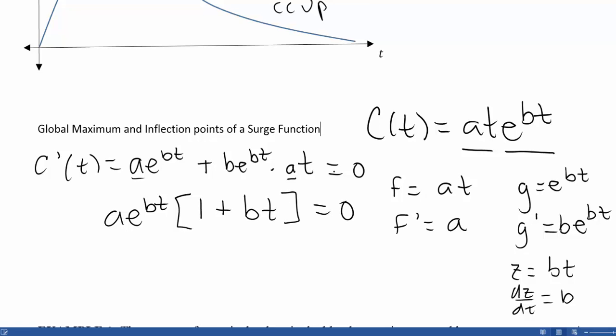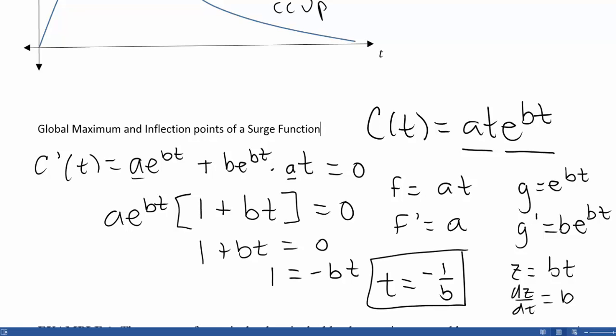Now, if you remember from algebra, e terms will never equal 0, which means that what's left in the parentheses will have to be what equals 0. So 1 plus bt has to equal 0. That means 1 equals negative bt, and t equals negative 1 over b.